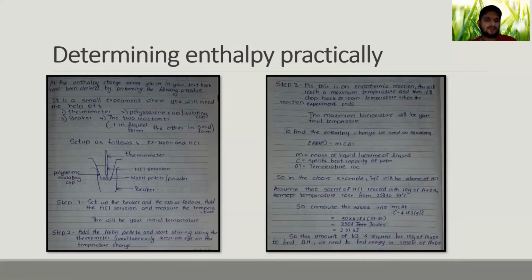So we definitely need a thermometer because we're going to see the temperature change, and then we need our reactants, whichever we want. In this example, we are using HCl and NaOH as our reactants.